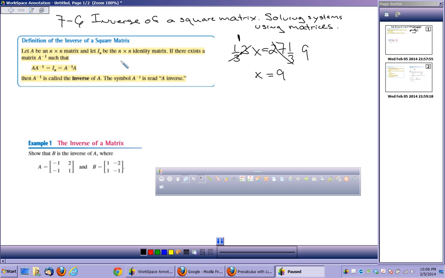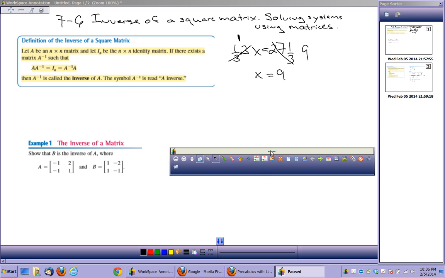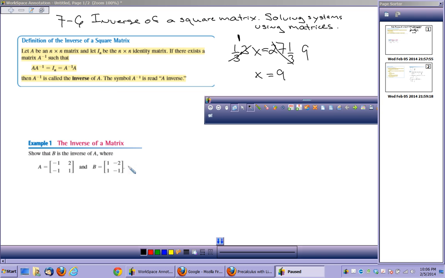Now, not every matrix has an inverse, so not every system can be solved using matrices this way. In this problem, A and B are inverses of each other.